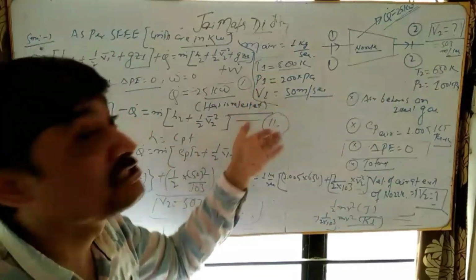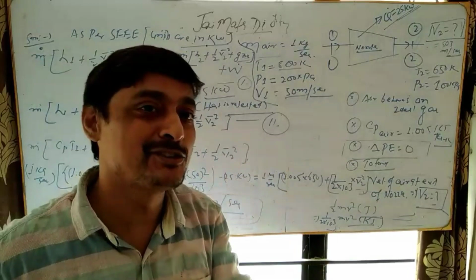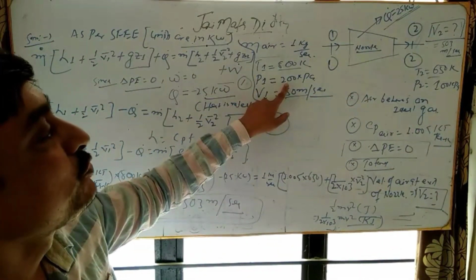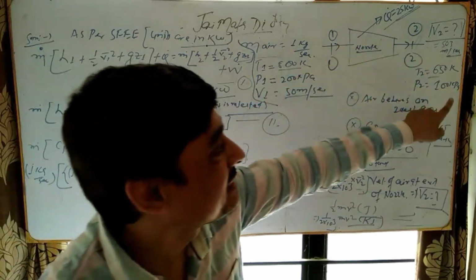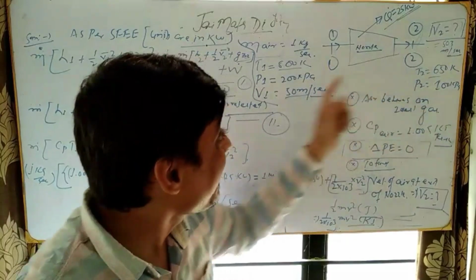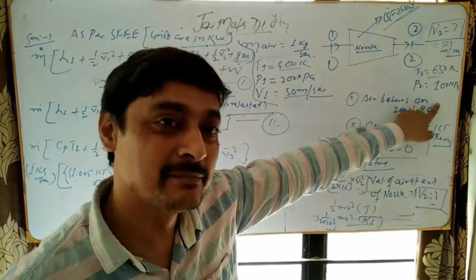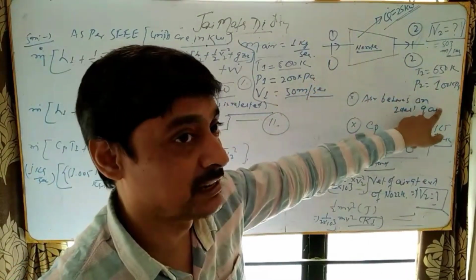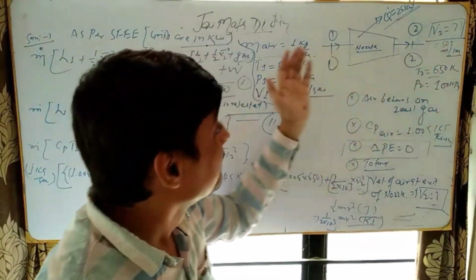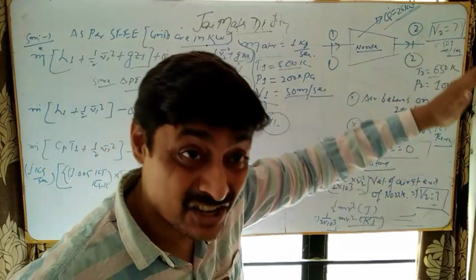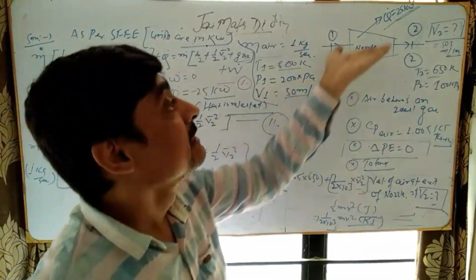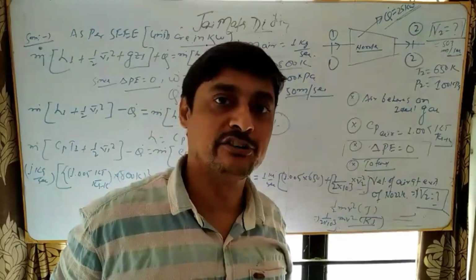That means velocity increased 10 times at the expense of pressure, so pressure should decrease. Pressure at entry is 200 kilopascal and at exit is 100 kilopascal. That means 100 kilopascal of pressure is decreased, and velocity is increased 10 times, to 500 meter per second.